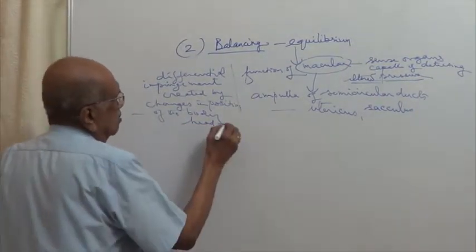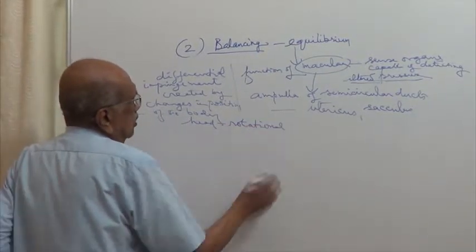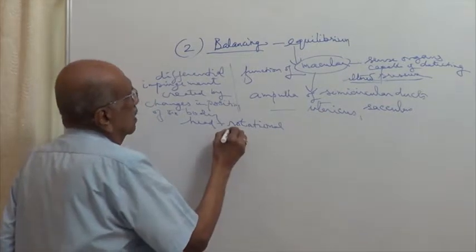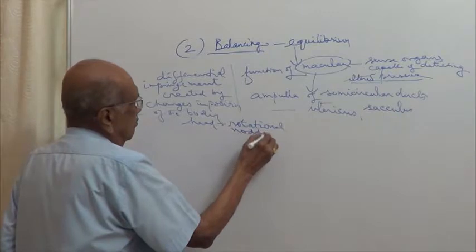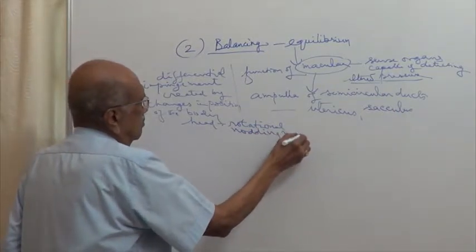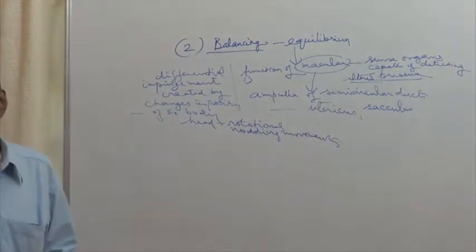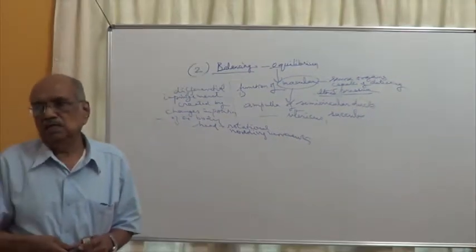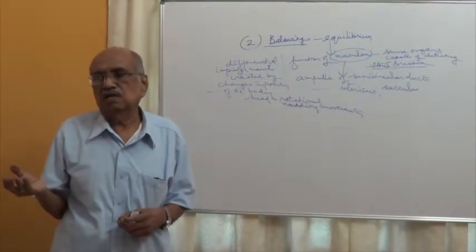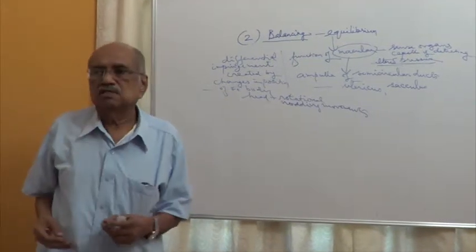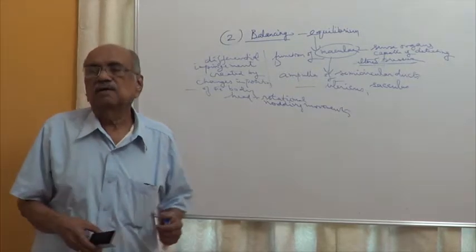Head is particularly important as it involves rotational movements and nodding movements. These are all detected by the maculae located in 2 places, ampullae of the semicircular canals and the utriculus and sacculus of the vestibule of the internal ear.